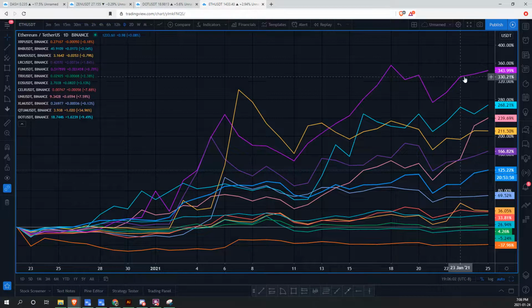So I think that's also a potential play on more fundamentals of Uniswap. But I think Ethereum is definitely something that should be looked at.